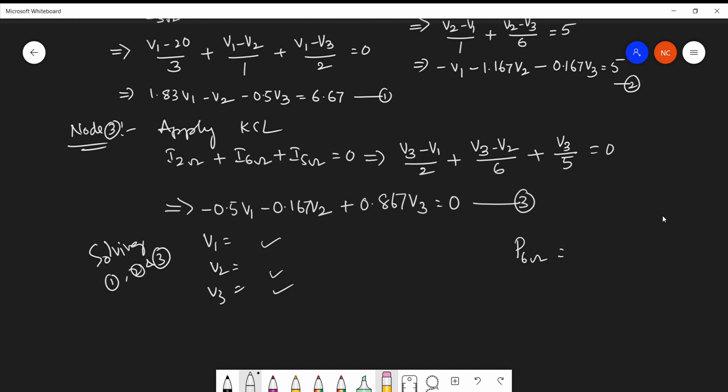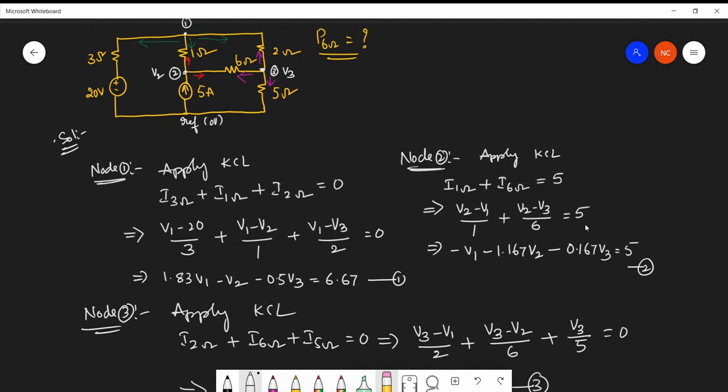So this is the problem. This is the 6 ohm resistor, which was connected between node 2 and node 3, whose voltages are V2 and V3.